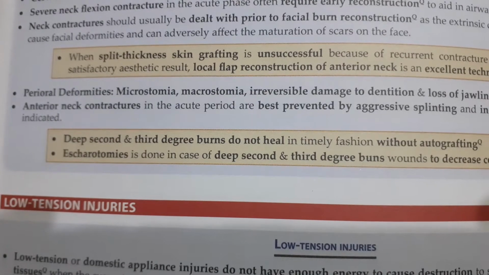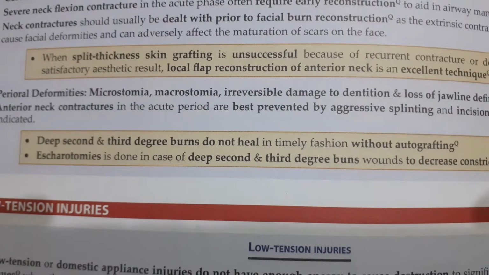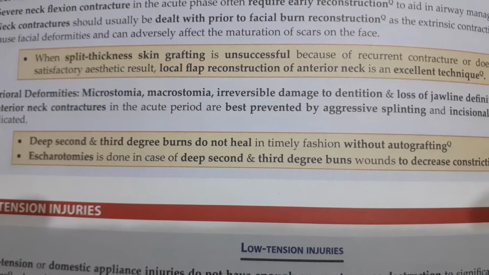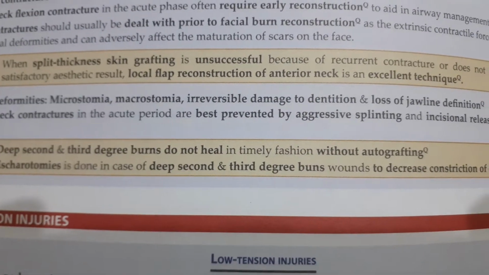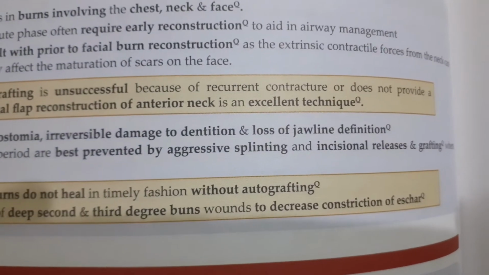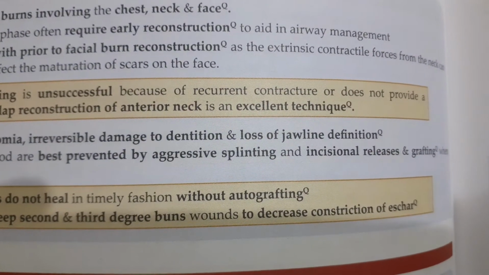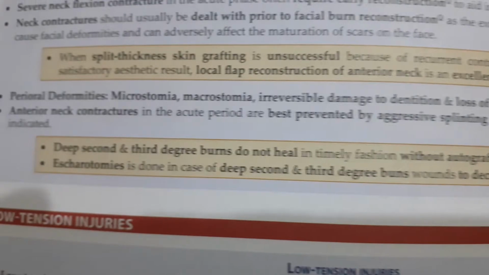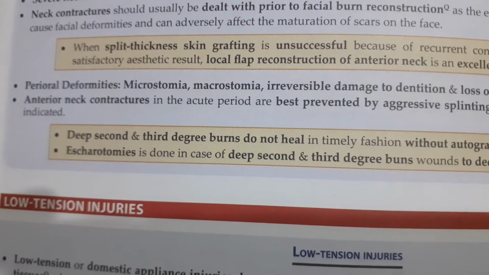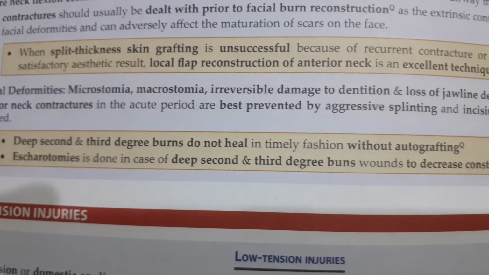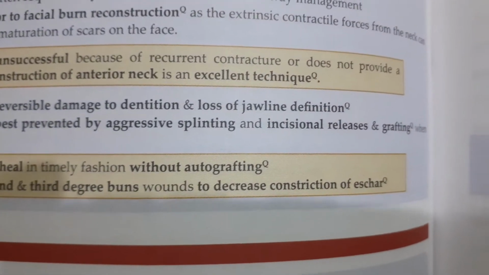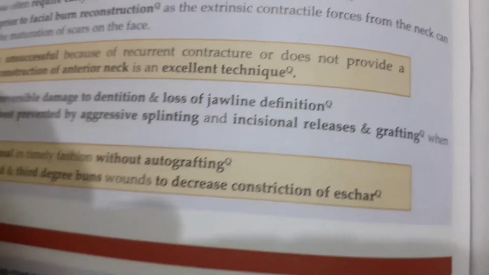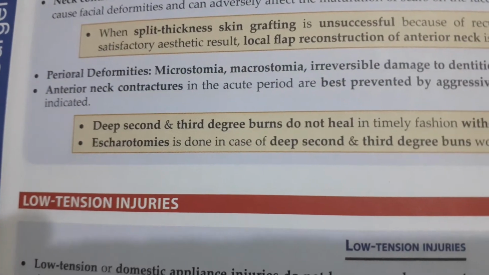Perioral deformities: macrostomia, irreversible damage to dentition, loss of jawline deformation. So anterior neck contractures in the acute period are best prevented by aggressive splinting and incision release and grafting when indicated.